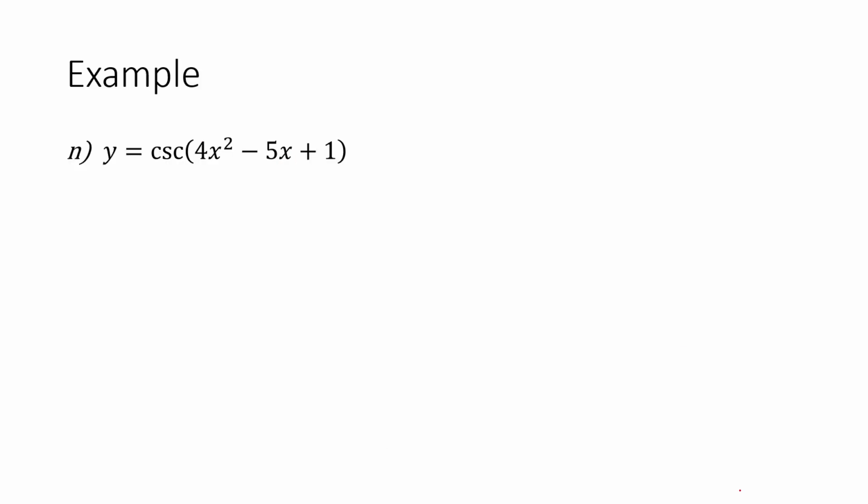And finally, we have one more question. You may recall that earlier in this video, we said that the derivative of cosecant x with respect to x is negative cotangent x cosecant x.